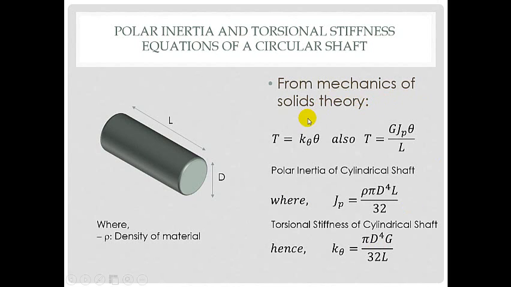So from classic mechanics of solids theory, your torque is equal to your torsional stiffness times your angular displacement, which is also equal to shear modulus multiplied by the polar inertia times the angular displacement divided by the length of the shaft. And your polar inertia is equal to your density of the material multiplied by pi multiplied by the fourth power of the diameter multiplied by the length divided by 32.